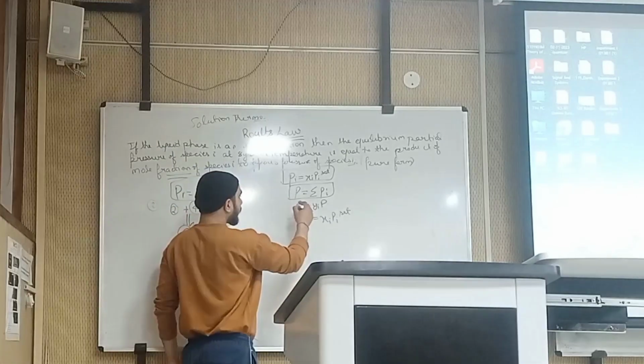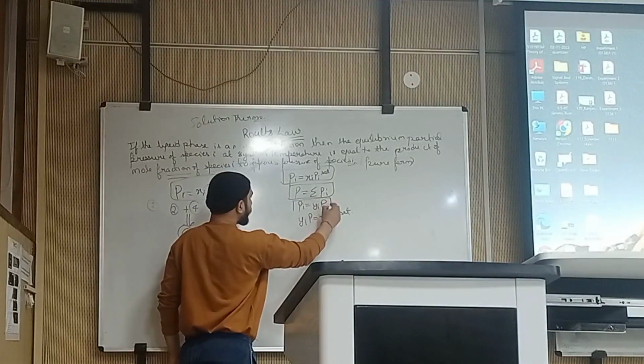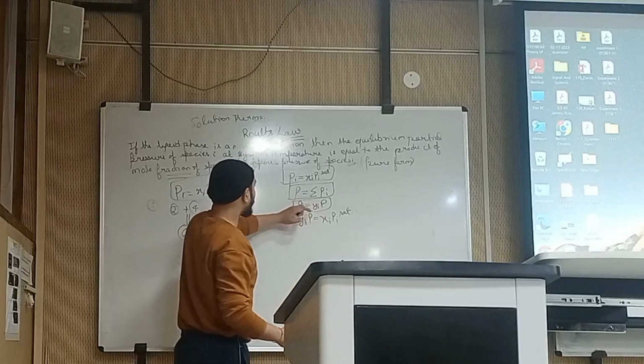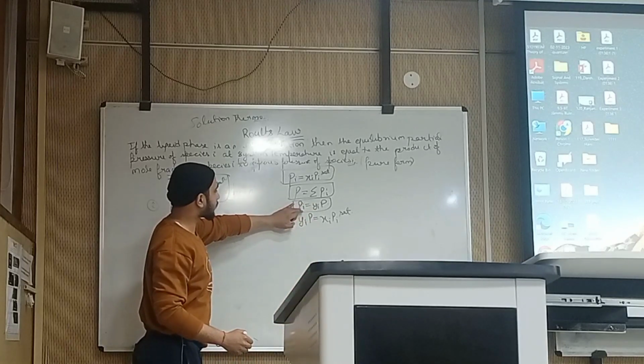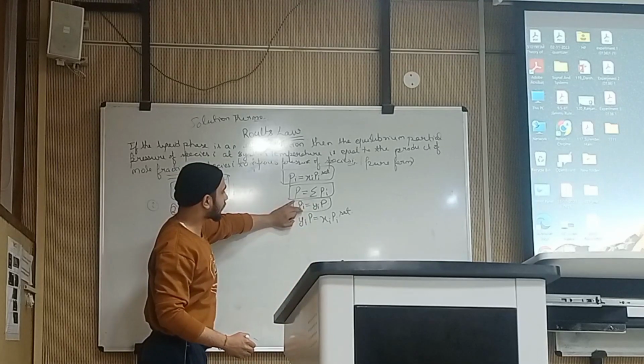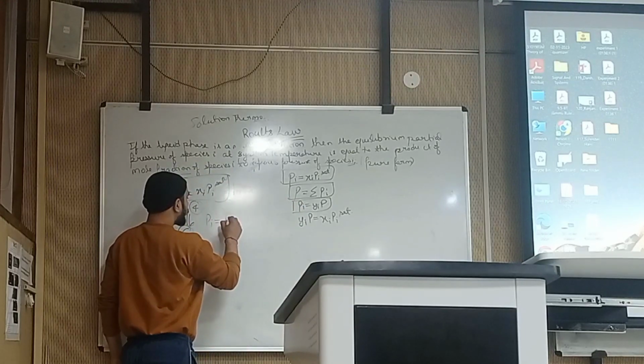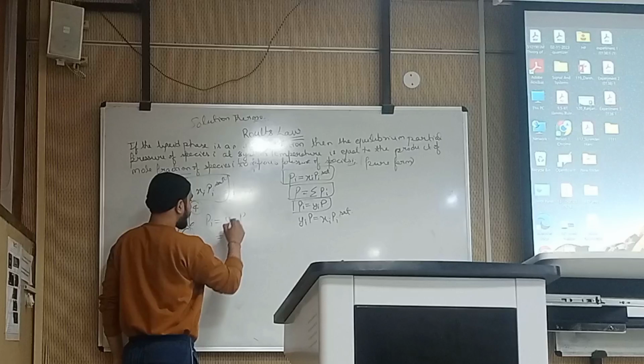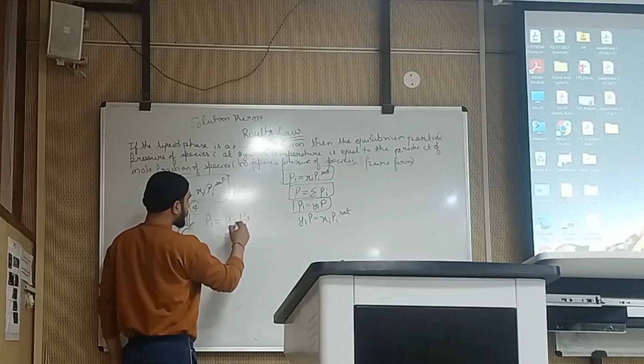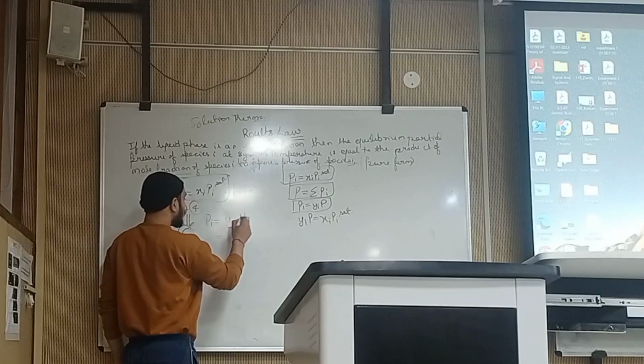Okay, and we know that Pi is nothing else but the pressure in the vapor phase. So Pi is equal to Yi into P, and P is nothing but the total pressure, and Yi is the mole fraction in the vapor phase.